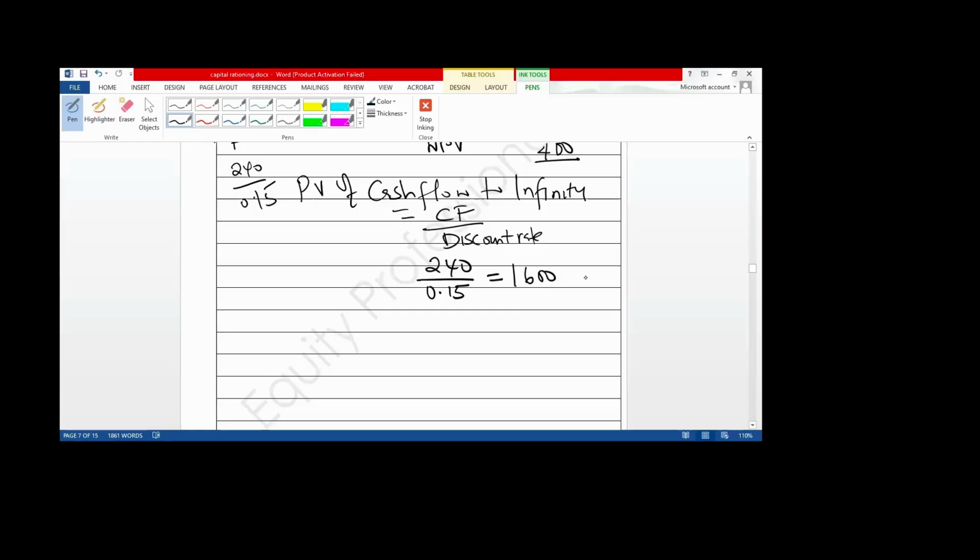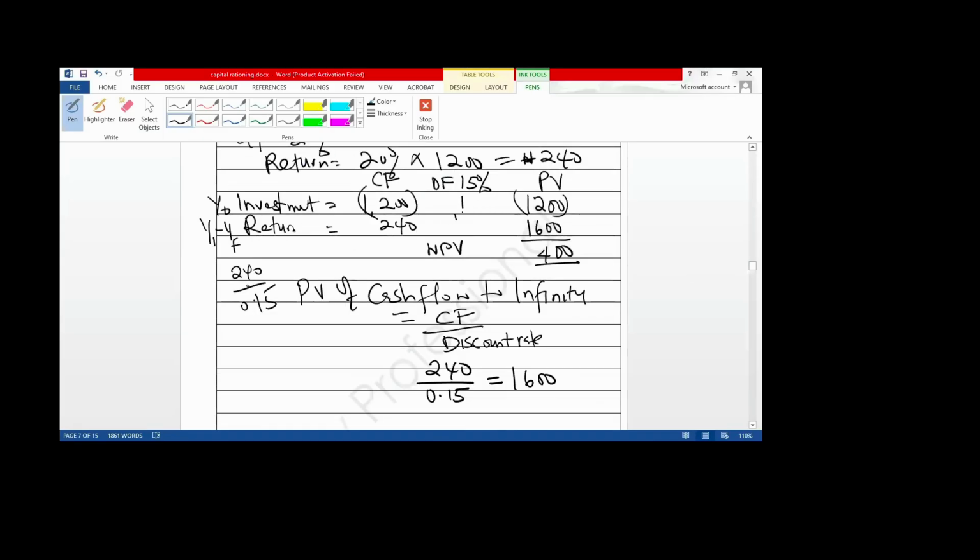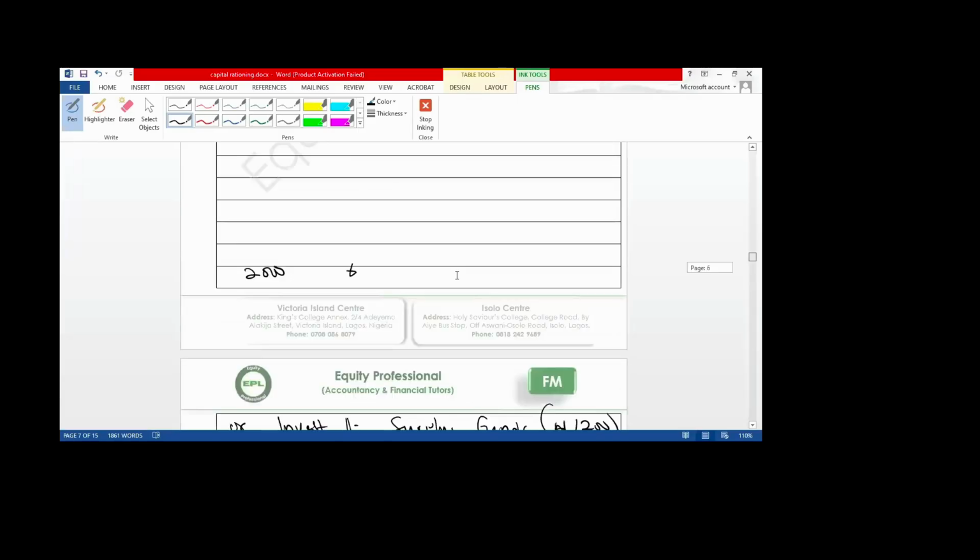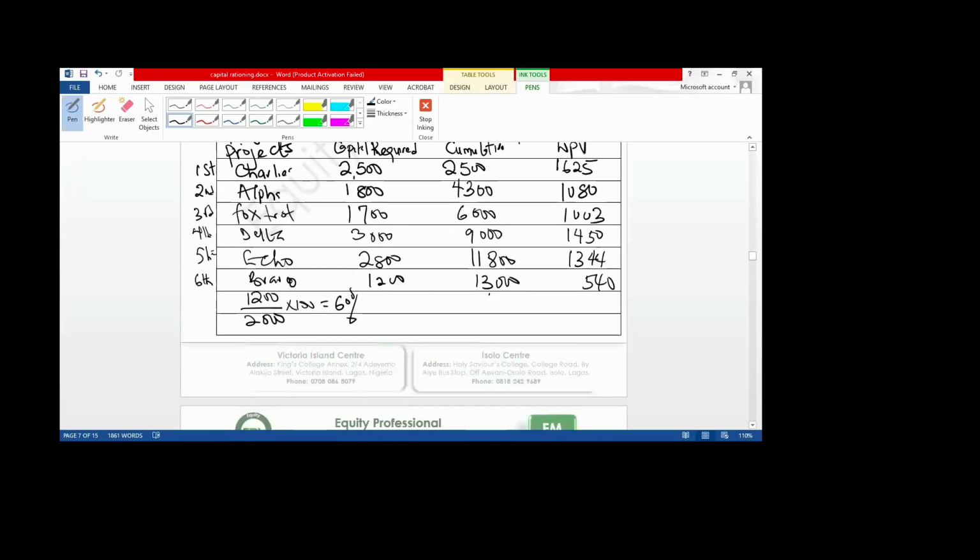Alternatively, if I invest this money, the surplus funds of 1,200, in another investment, I'm going to get an NPV of 400. Which of the two alternatives is better? 540.